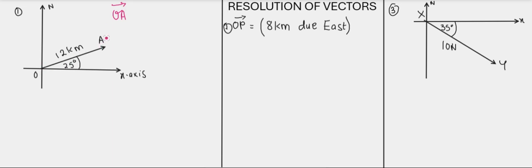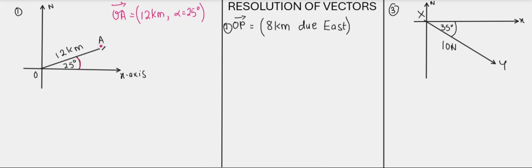It has a magnitude of 12 kilometers. What about the direction? We can see from this that the acute angle the vector makes with the x-axis is 25 degrees. So alpha is 25 degrees.